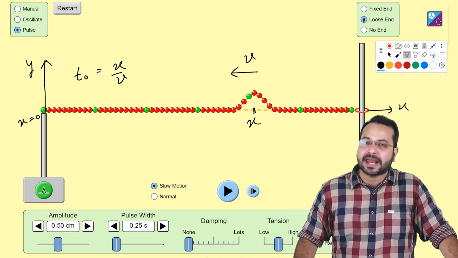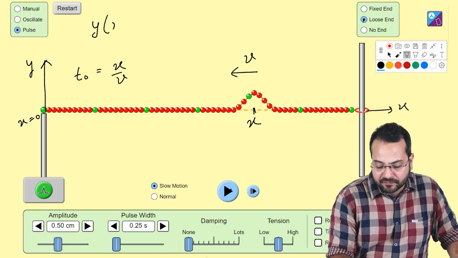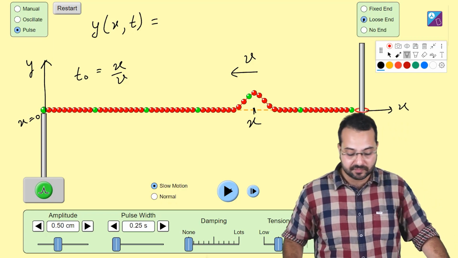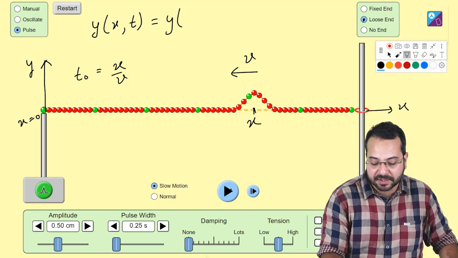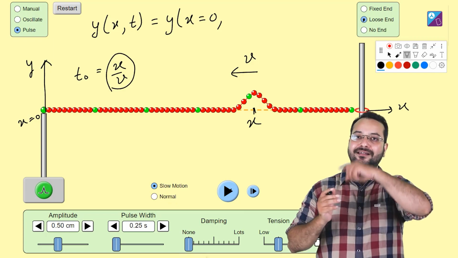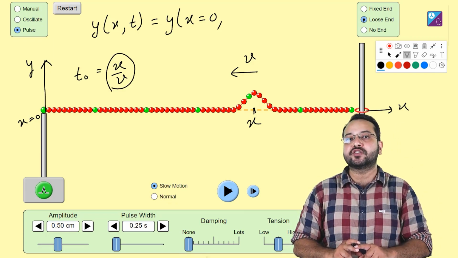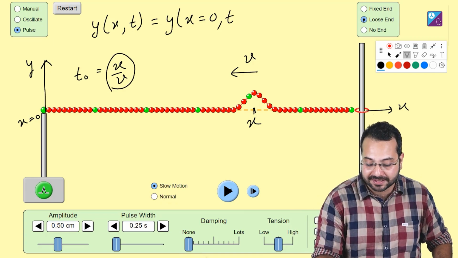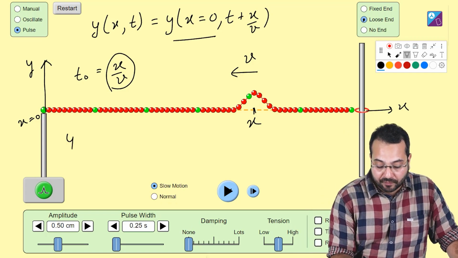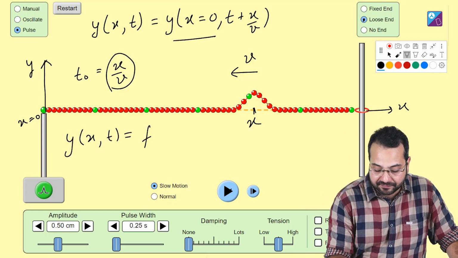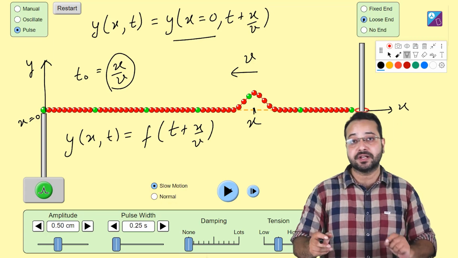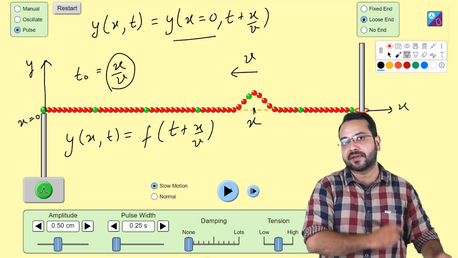Now can I say that the displacement of the particle at x and at time t, the time right now, will be the same as the displacement of the particle at x equal to 0, but at a time x by v later. So right now the time is t, so the time later would be t plus x by v. And we already know what this function is. So y(x,t) simply becomes f(t plus x by v). And that is how we find the wave equation if the wave is traveling in the negative x direction.